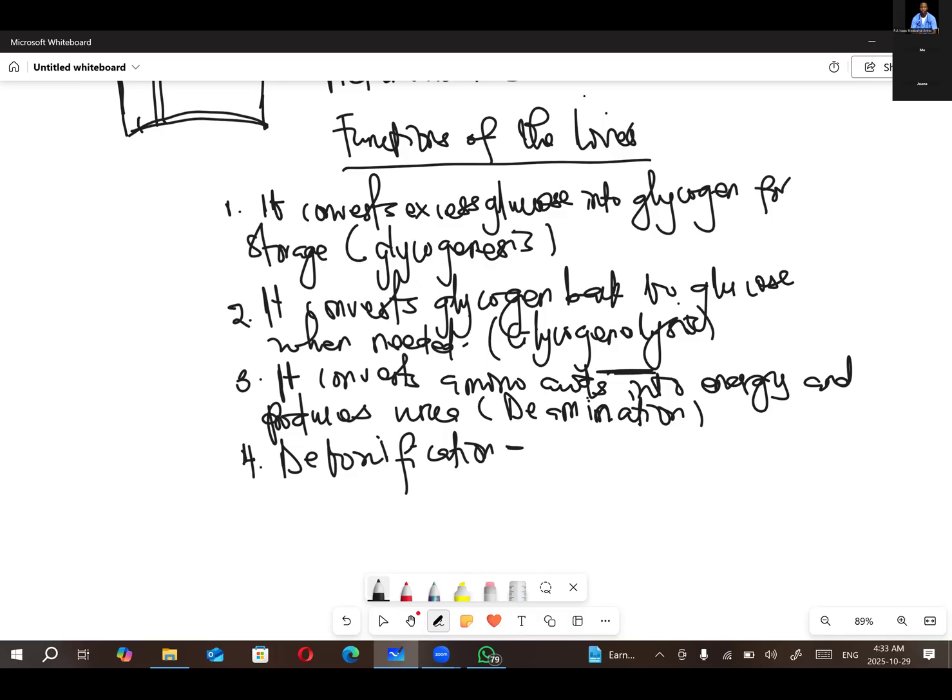Another function of the liver is emulsification of fat into fat droplets.